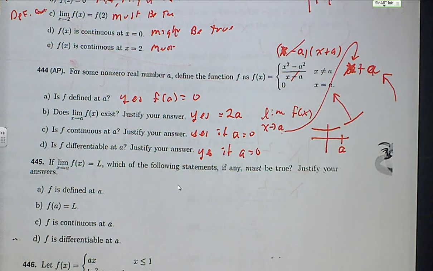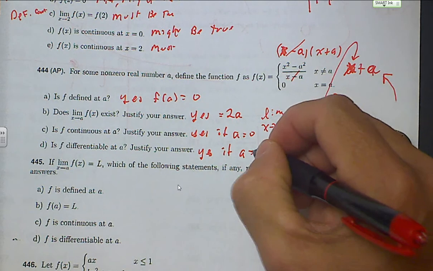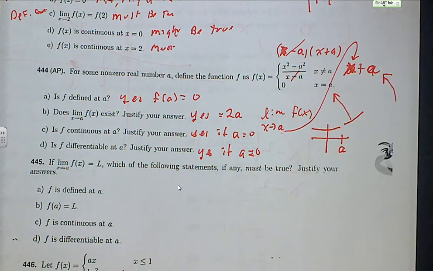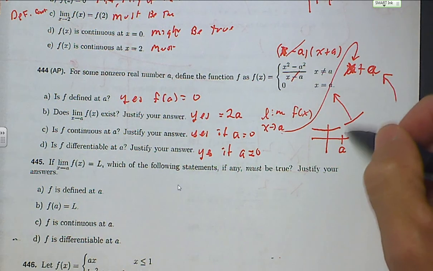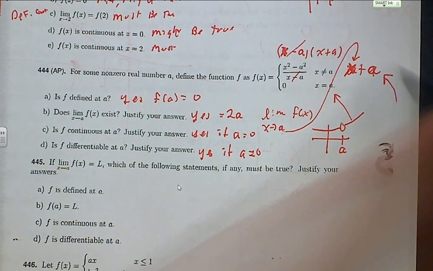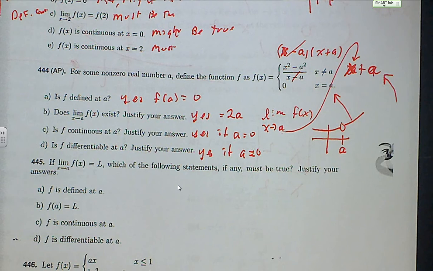What is differentiable again? Differentiable means you can find the slope. That would be the only way. If it's any other value, then we have a hole right there, a removable discontinuity, and it's not differentiable or continuous.